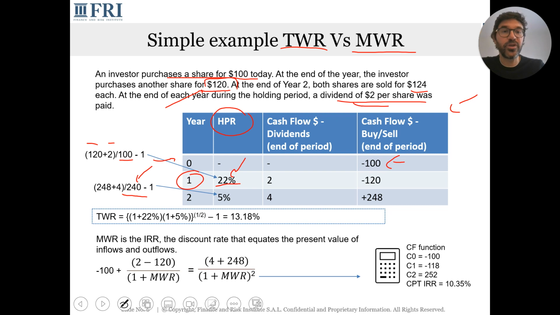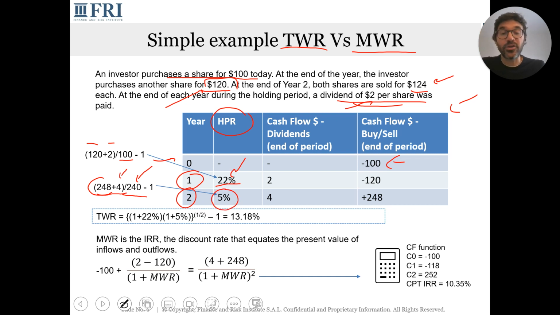Also, don't forget that we earn $2 per share per year, so that's $2 times 2 because we hold 2 shares, $4 of dividends. The ending value is the selling price of 248, 2 times 124, plus $4 of dividends, 2 times 2. We can now calculate a holding period return for year 2, which is 5%.